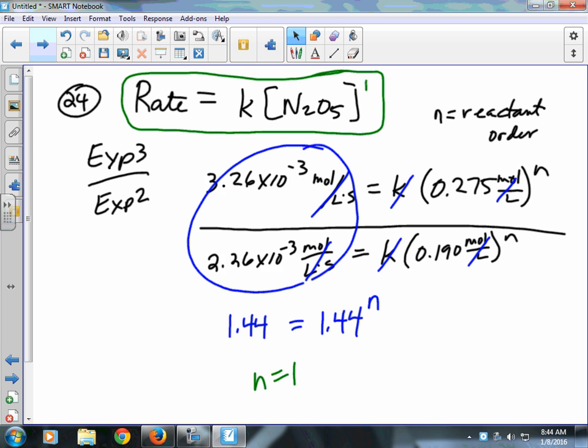So how would we solve that? We would write that as k equals 3.26 times 10 to the minus third moles per liter second, and divide that by 0.275.